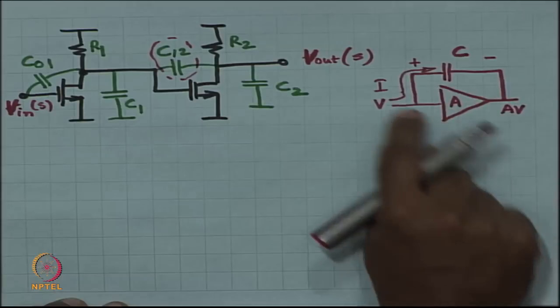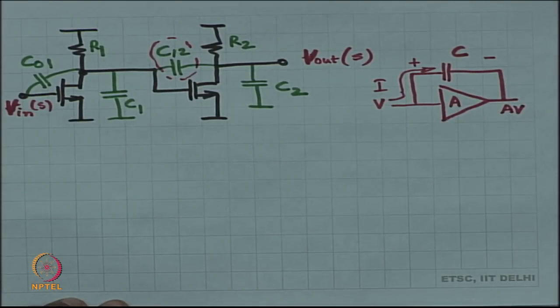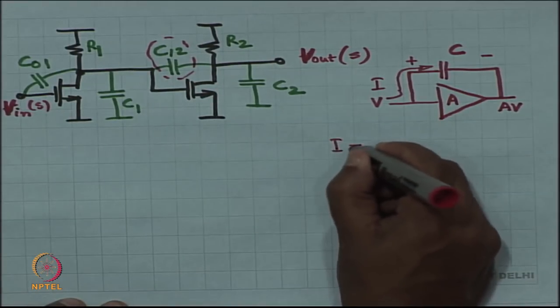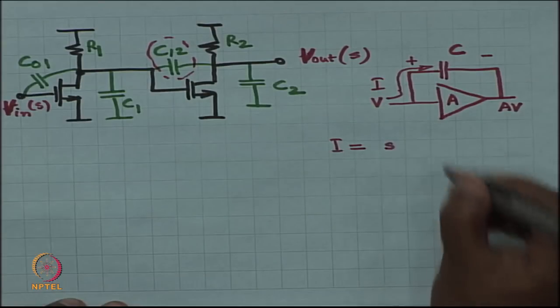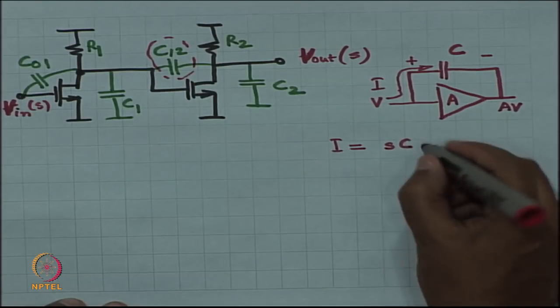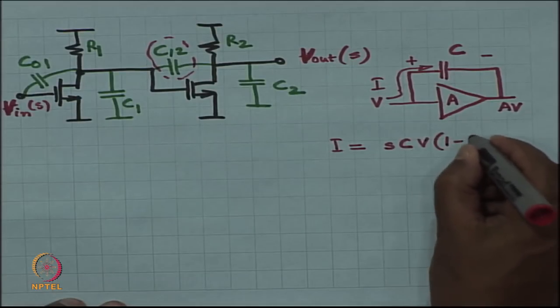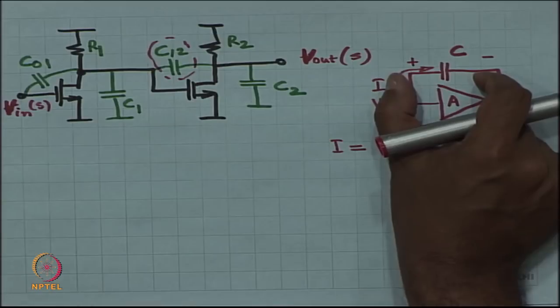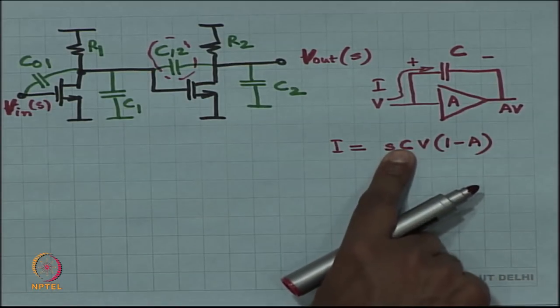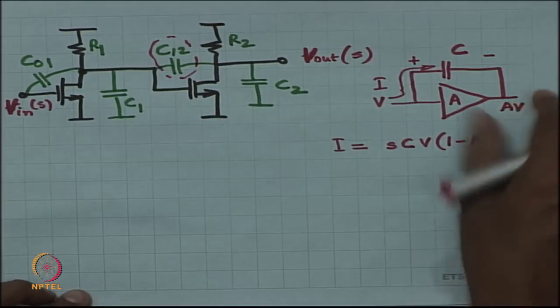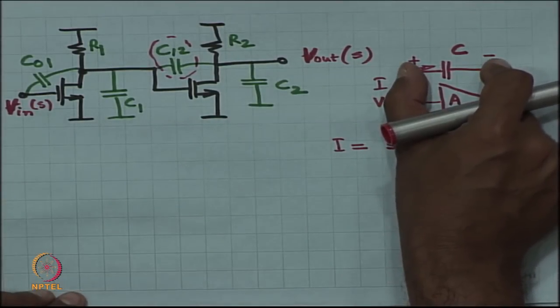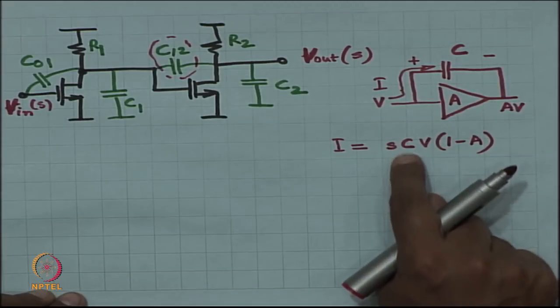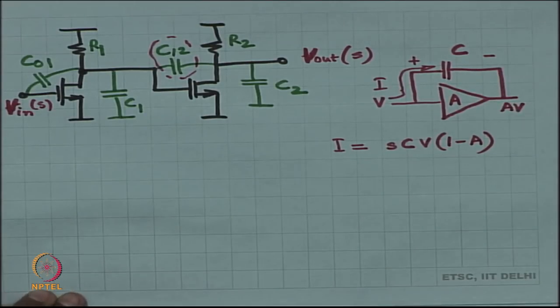Fine. So, the current going into the system is the current into the capacitor. The capacitor is a conductance of value S times C. On this side it is V, on the other side it is A times V. So, V minus A V is the net voltage drop across the capacitor, conductance of S C times (V minus A V).